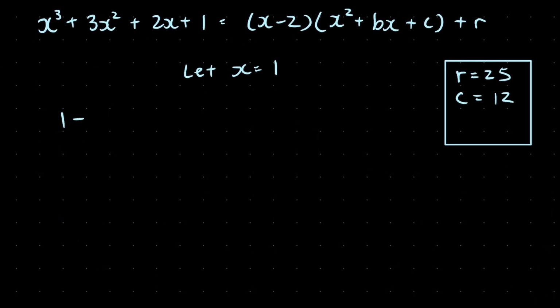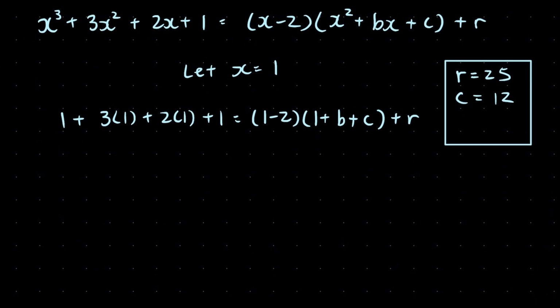So on the left-hand side, we just have 1 plus 3 plus 2 plus 1. And then on the right-hand side, we have 1 minus 2 times 1 plus b plus c, and then plus r at the end. So evaluating the left-hand side, we have 7.